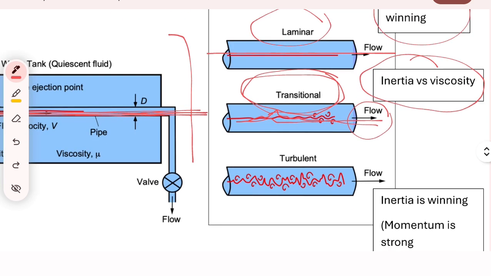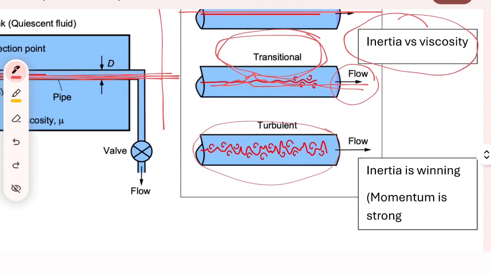But when you see that the wiggling is becoming bigger and bigger, that means the momentum is so strong that inertia in this case has overcome viscosity, and inertia is winning. In that case, it is a turbulent flow.